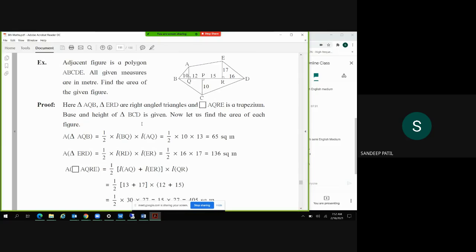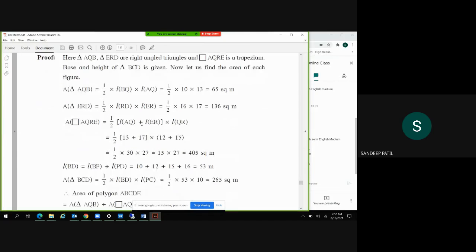So I'm not going through the calculations because we have already covered how to calculate the area for a triangle or quadrilateral.